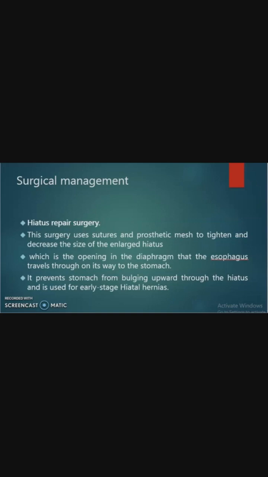The mesh can be used to wrap the opening in the diaphragm that the esophagus travels through on its way to the stomach, and it prevents the stomach from bulging upward through the hiatus. It is used for the early stage of hiatal hernia.